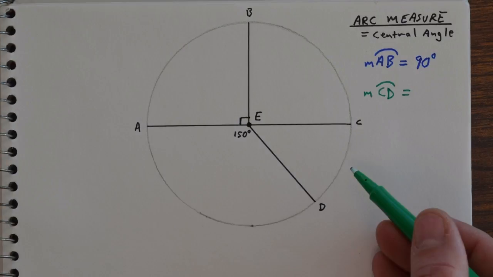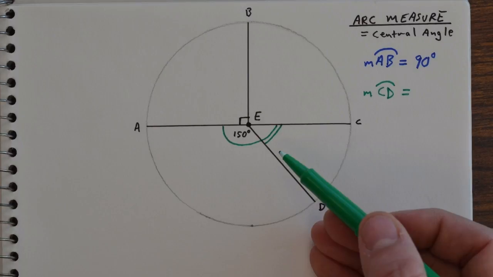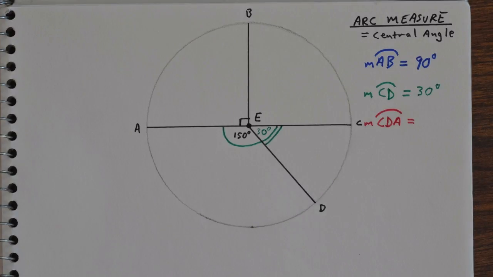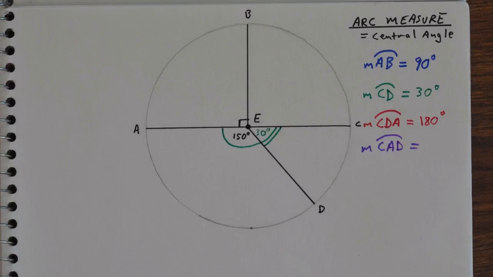If I ask you for the measure of CD, well, that's just equal to its central angle. And its central angle, we see we have a semicircle, which is 180 degrees. Subtract 150, we have a central angle of 30 degrees, and so the measure of the arc is equal to 30. If I ask you for a measure of arc CDA, so that's a semicircle, so that's just equal to 180.